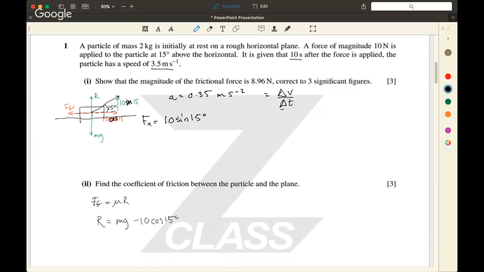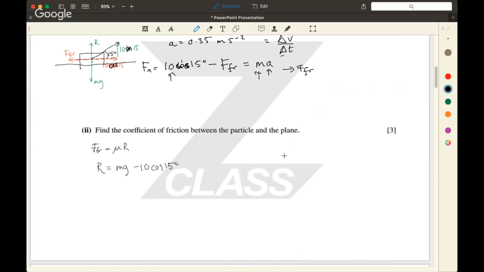So this is 10 cosine of 15 degrees minus the force of friction. And this must be equal, because it's the net force, to the mass times the acceleration. So we know what 10 cosine 15 degrees is in our calculator. We know what the mass is. We know what the acceleration is. And so this gives us the force of friction.